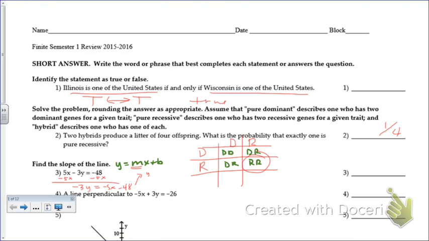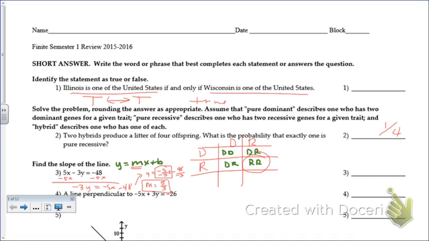Y equals negative 5 over negative 3, x minus 48 over negative 3. This is where your slope's going to be. Negative 5 over negative 3 simplifies to 5/3. There we go. So your slope is 5/3.